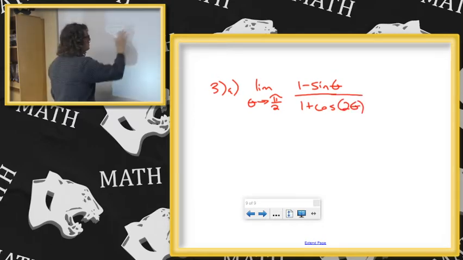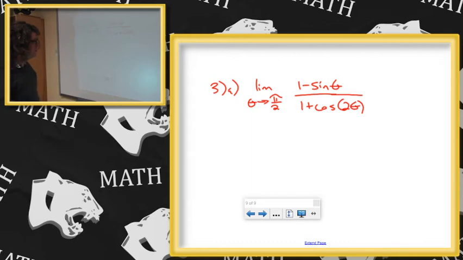So one of the things is if this ends up being defined at this point, and it doesn't give us that 0 over 0 type of expression, then we can probably say really quickly what's going on.